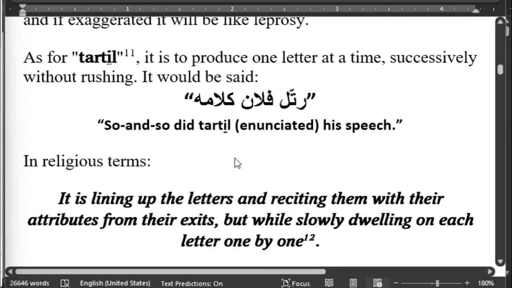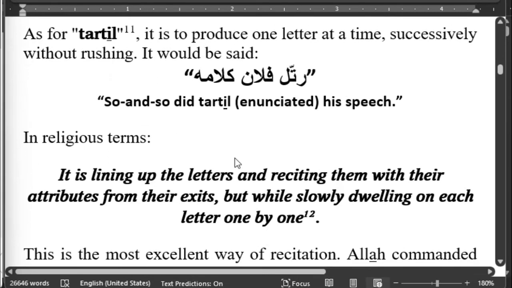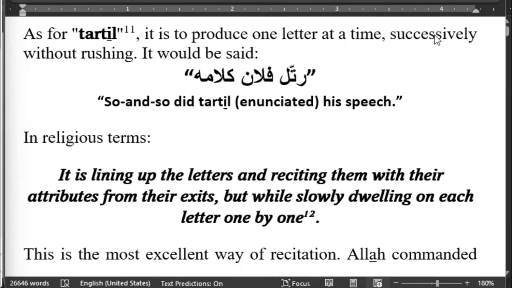As for tartil, it is to produce one letter at a time successively without rushing in a linguistic sense. It would be said, so-and-so did tartil, meaning he did enunciation of his speech.